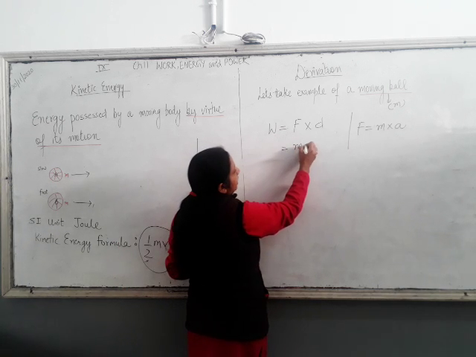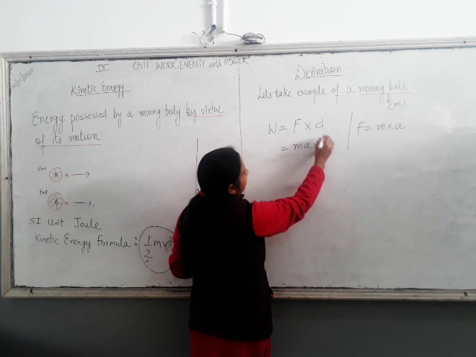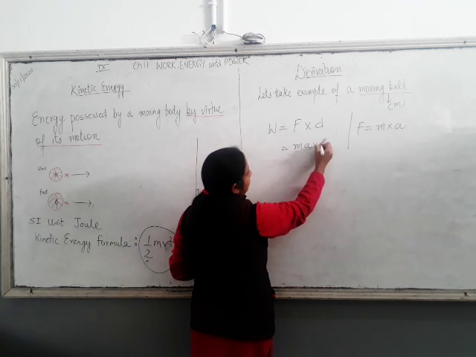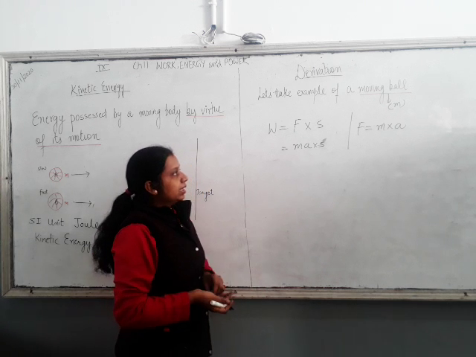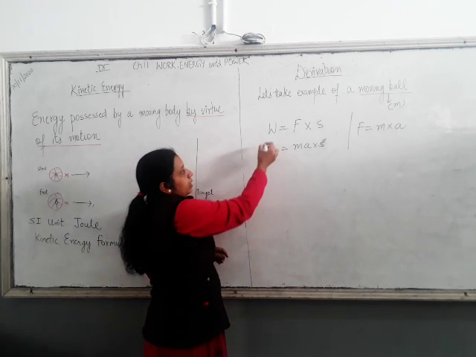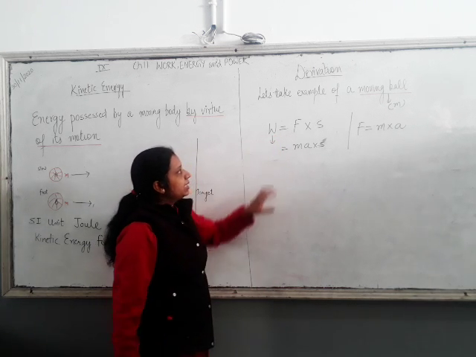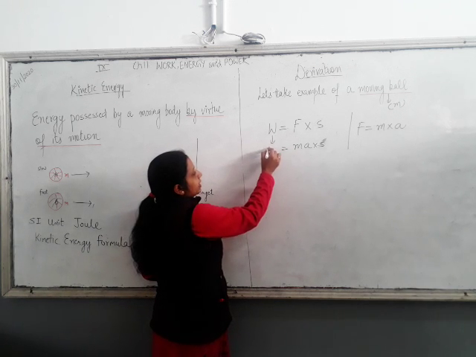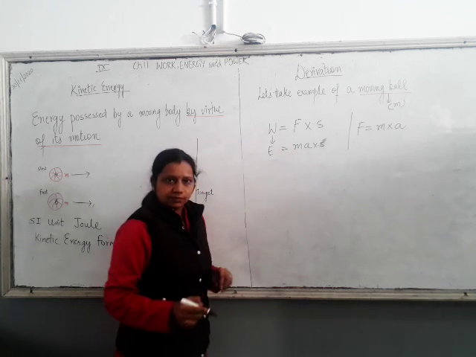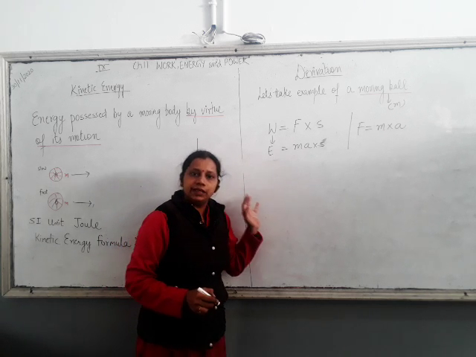So W is m a into s, where s means displacement here. This work done, that means energy gained by that object, I will write as E, energy. The name, kinetic energy, I will give later on.